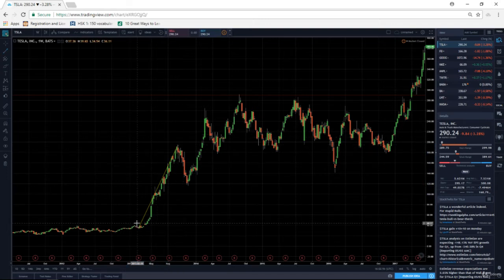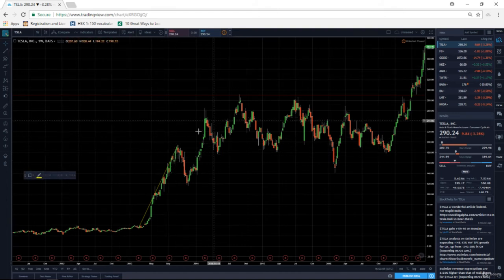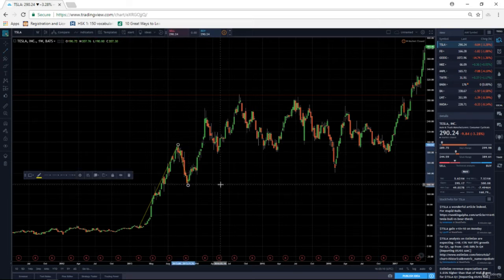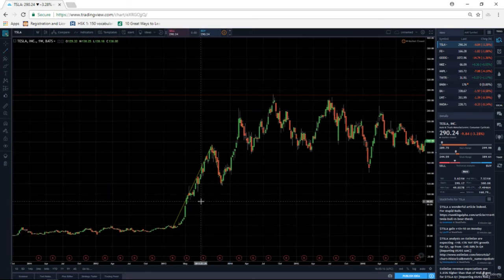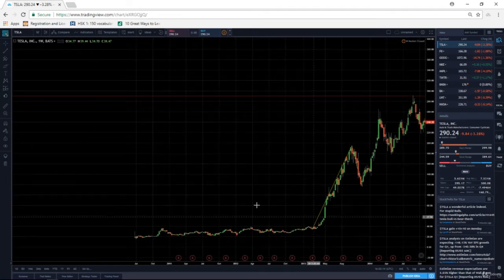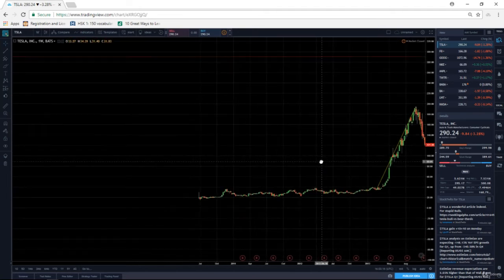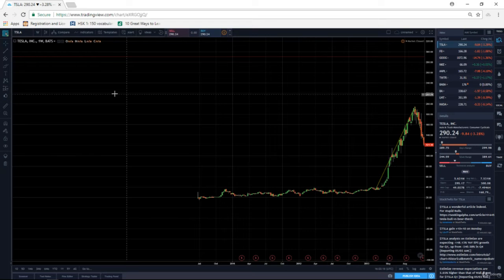This is our buyer line, and this is our first very aggressive buyer line. So what you can do is draw a line from peak to peak and peak to lower peak. What you can see is that it's making power.